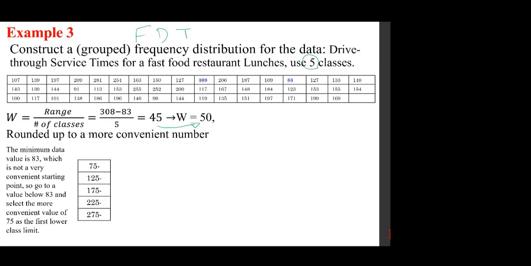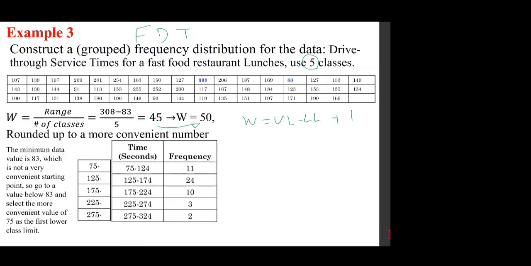One more time, 124. Because remember, the width is upper limit minus lower limit plus 1. And remember, by 1 we mean 1 unit. So it's not 125, it becomes 124. Then all you have to do is add 50 to that column. Keep on adding 50. I hope you see that it's not difficult to find these numbers.